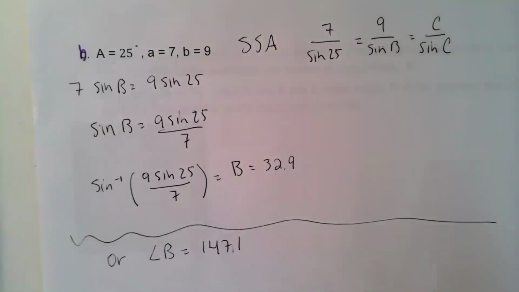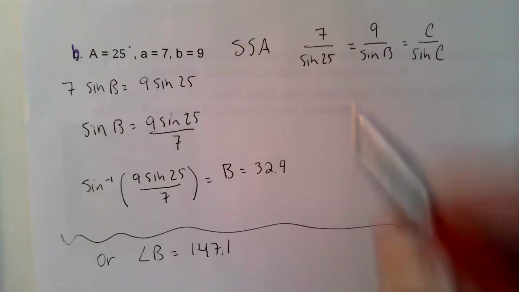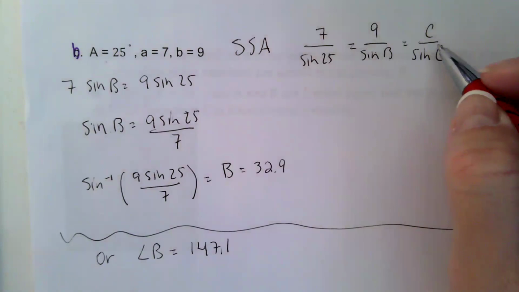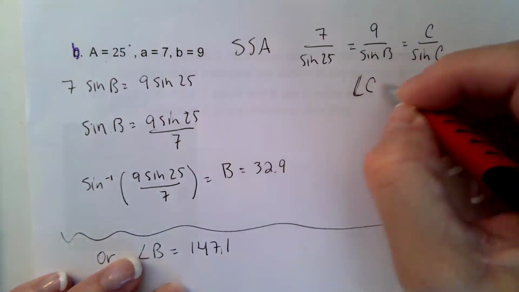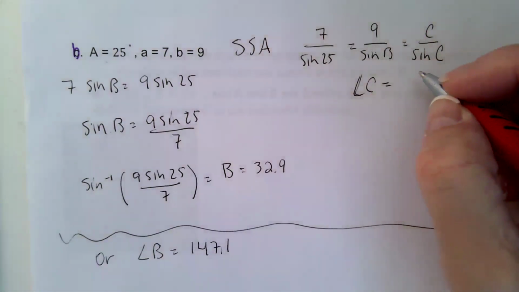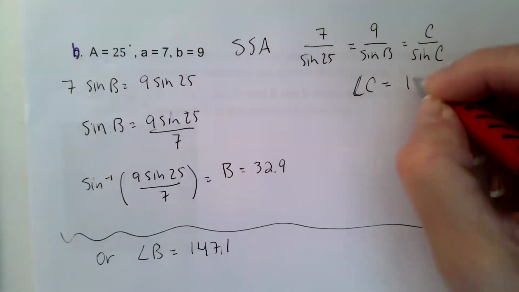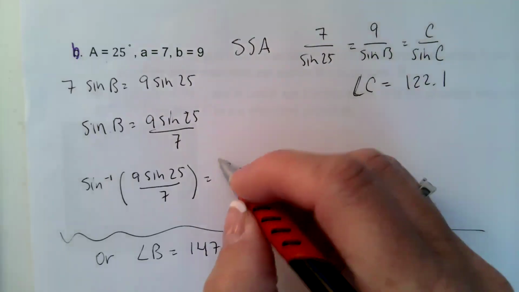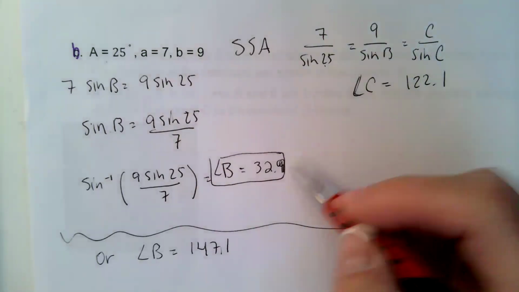So if we go with the 32.9, we can then find angle C. So angle C then would be, in this case, 122.1, if angle B is the 32.9 and angle A is 25.